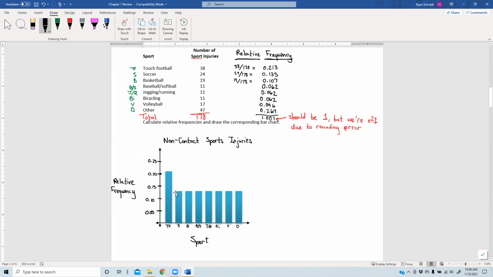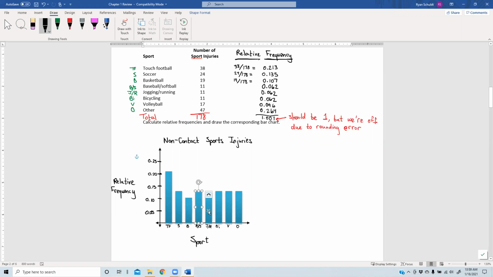Now what we're going to do is go through and size the bars appropriately. So touch football we've already done. Soccer, we did that. Now let's do basketball. It needs to be at 0.107. So about right there. And then baseball, softball, jogging / running, and bicycling.